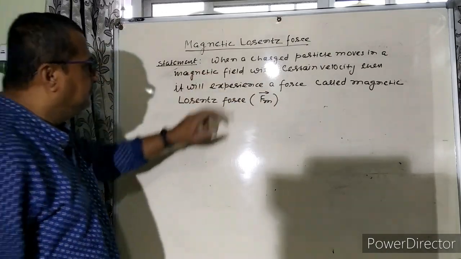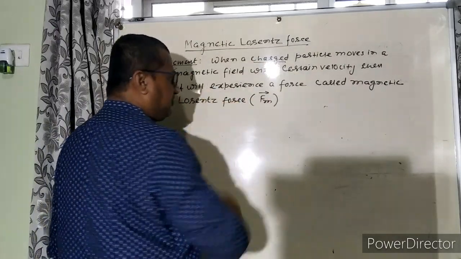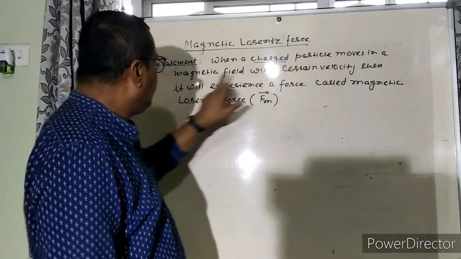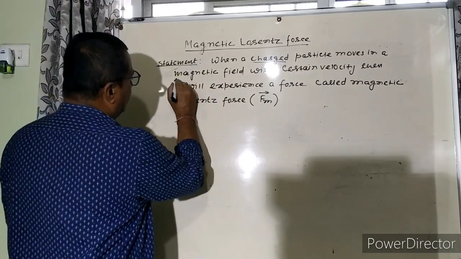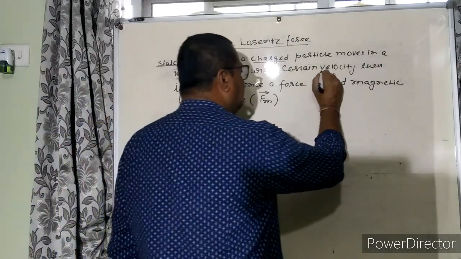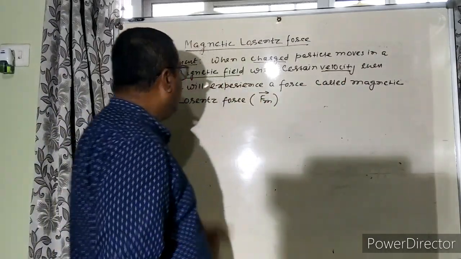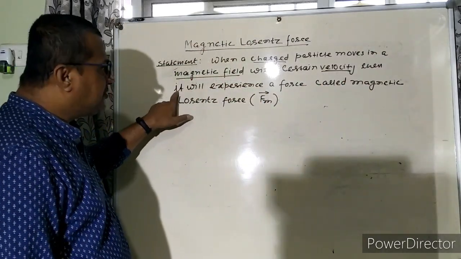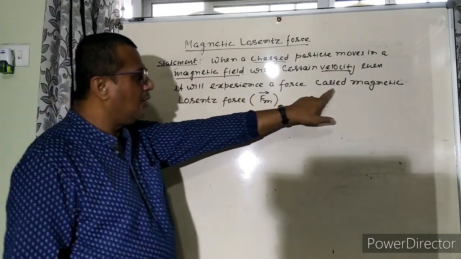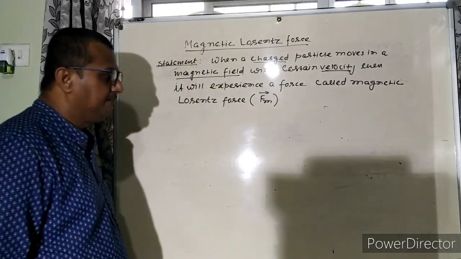When a charged particle, not uncharged, first of all you should know, charged particle moves in a magnetic field with certain velocity, then it will experience a force called magnetic Lorentz force.